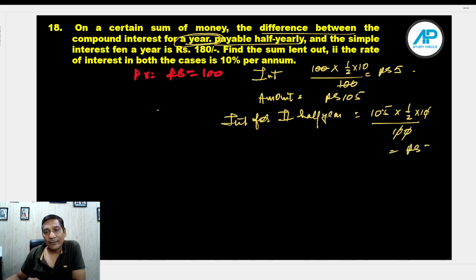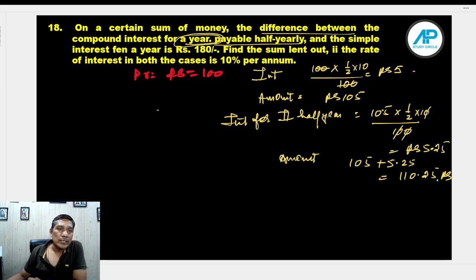So I think that will be 5.25, and then find the amount. 105 plus 5.25 gives me rupees 110.25.